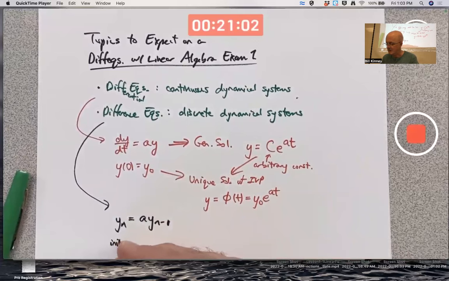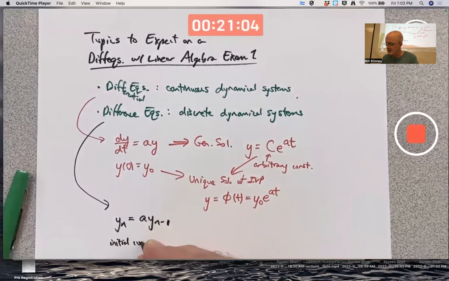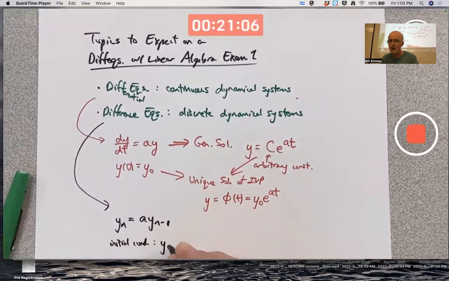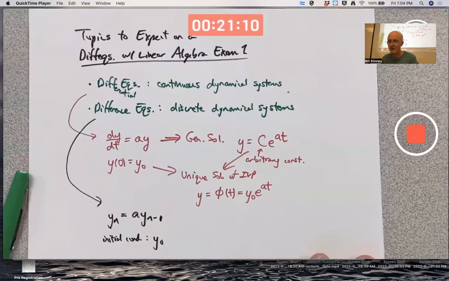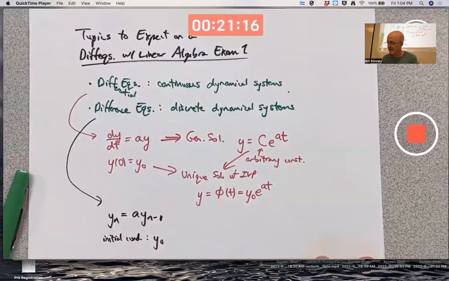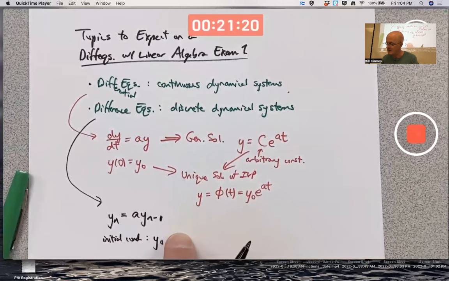Initial condition will be y0. Y0 equals y0. It's just some number. I could think of this as an initial value problem as a difference equation.